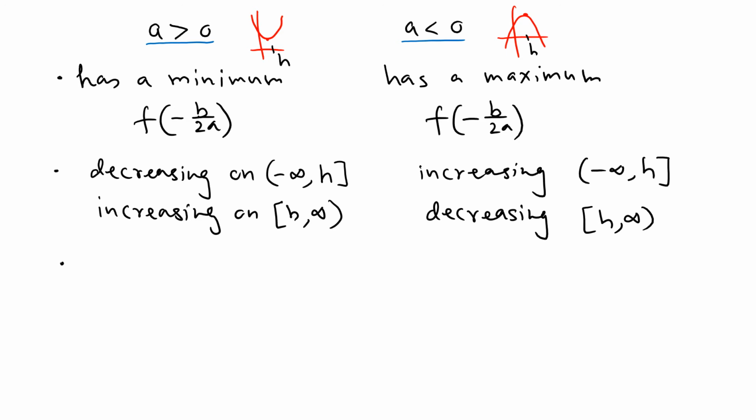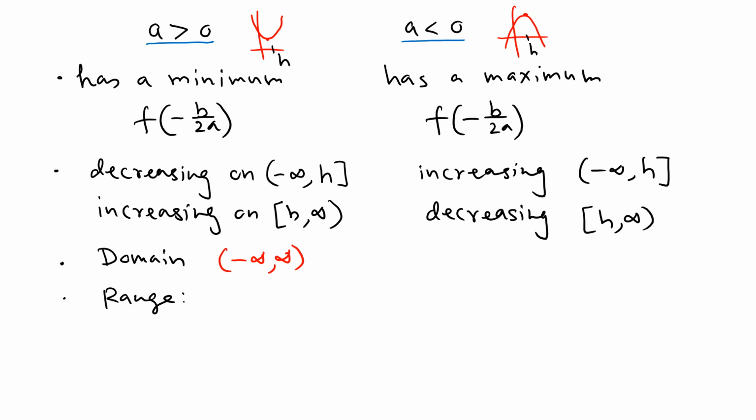Okay, and then we have the domain and the range. So what's the domain? You can see that for both cases the domain is negative infinity to positive infinity, because this is a polynomial. So the domain is all the real numbers for both cases. And then the range would be different. In this case, because it's concave up, it's going to go to infinity.